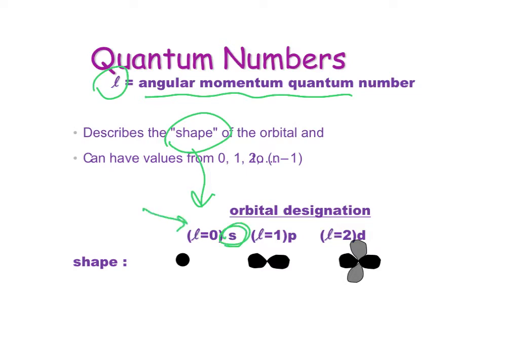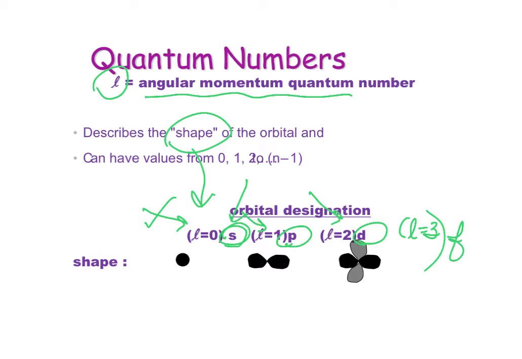If we're talking about a p orbital, L is 1. If we're talking about a d orbital, L is 2. And I'll add on to this, if we're talking about an f orbital, L equals 3. Why they can't just say s, p, d, f, I don't know. So you have got to understand this correlation between the value of the angular momentum quantum number and the letter designation we use for the shape.